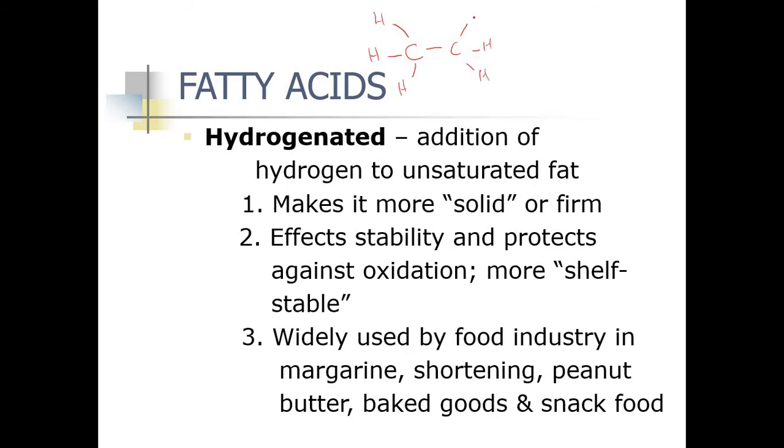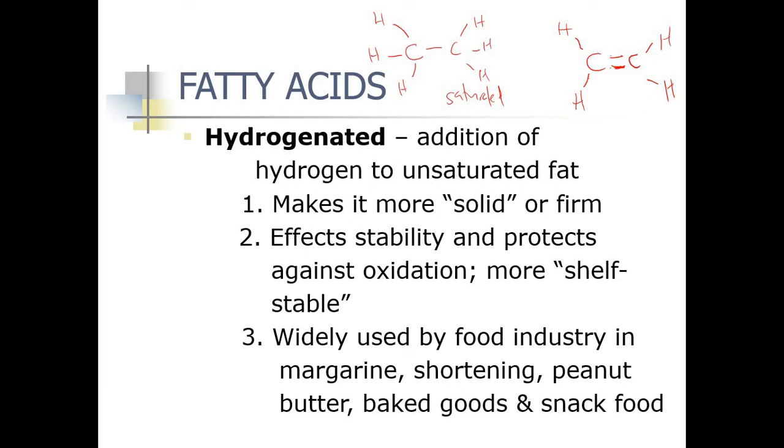If you have an unsaturated one, because one carbon-carbon bond is used by the double bond, you can only have 2 hydrogens, since a carbon can only bond to four things. 1, 2, 3, 4. So that means if you have a carbon-carbon double bond, it can only accommodate 2 hydrogens. That is why it's called unsaturated: it is not saturated with hydrogen, since only two hydrogens are bonded.